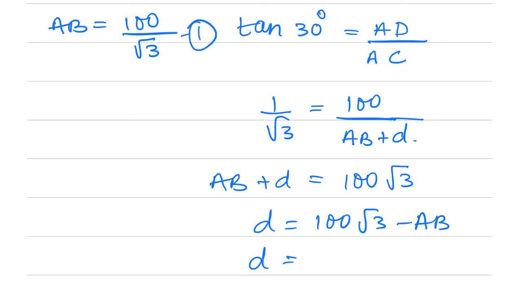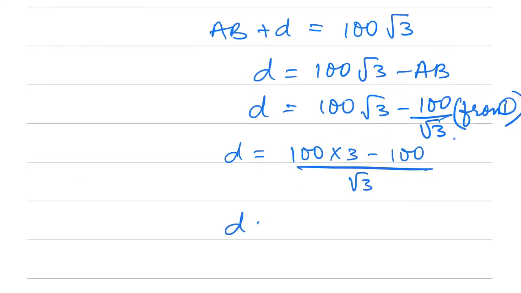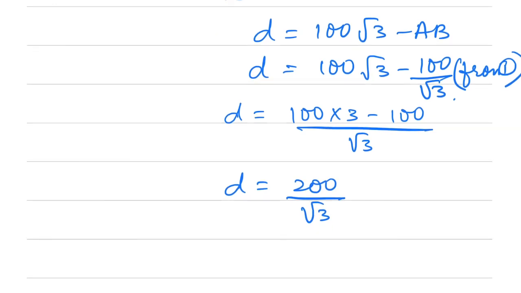So let this be 1. So D is 100 root 3 minus 100 by root 3, that is 100 into 3 minus 100 by root 3. So D is equal to 200 by root 3. Now let's rationalize. So D is equal to 200 root 3 by 3.